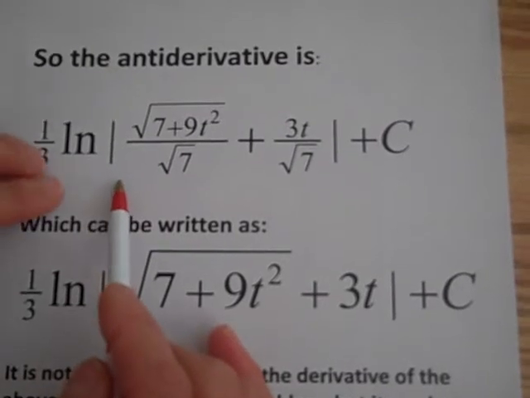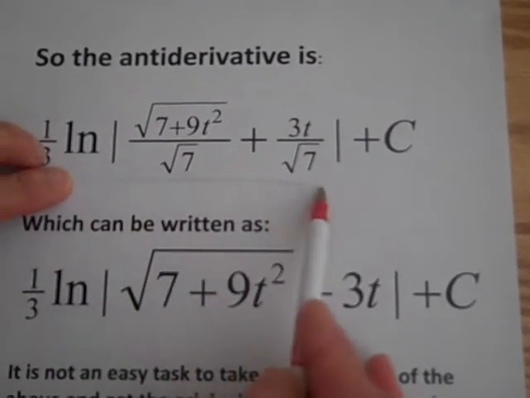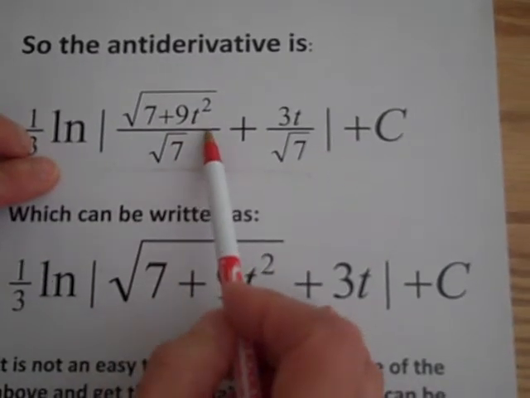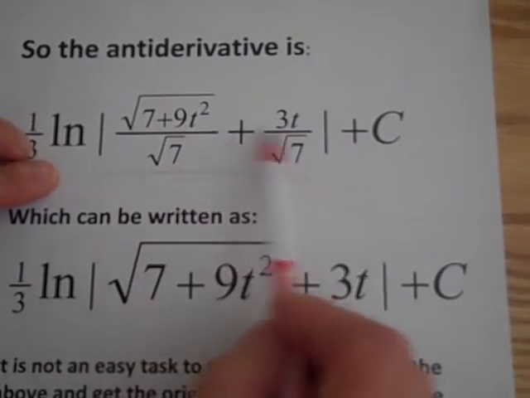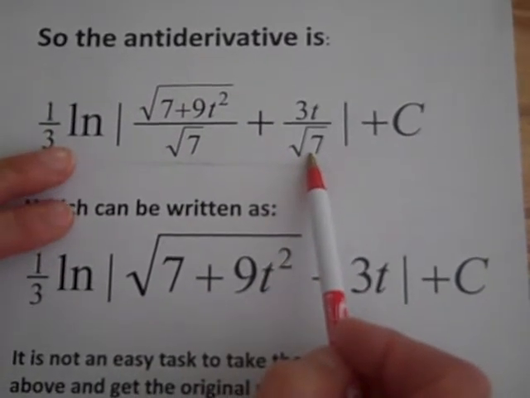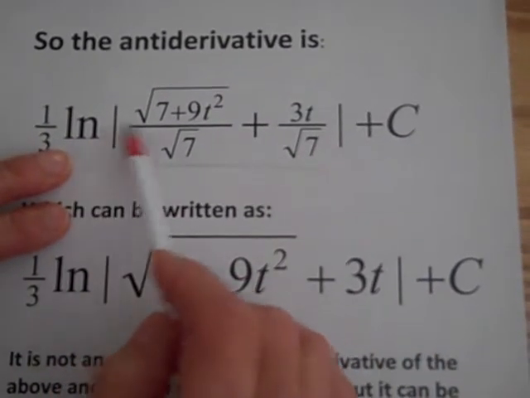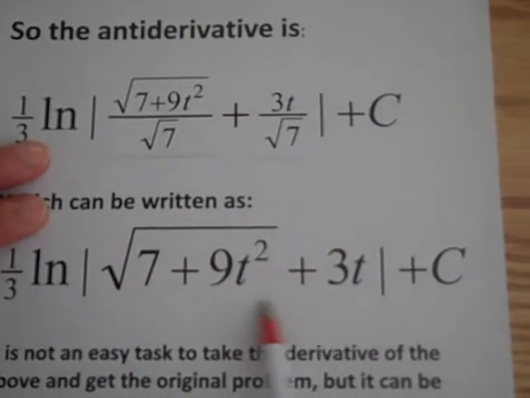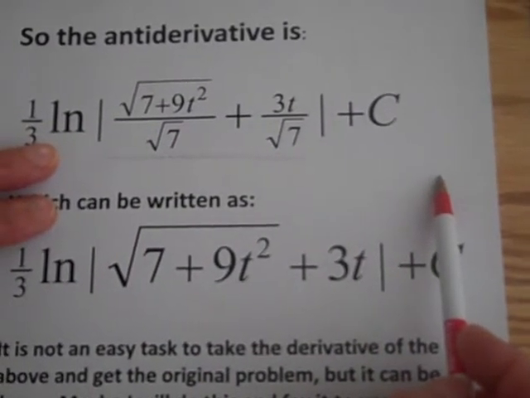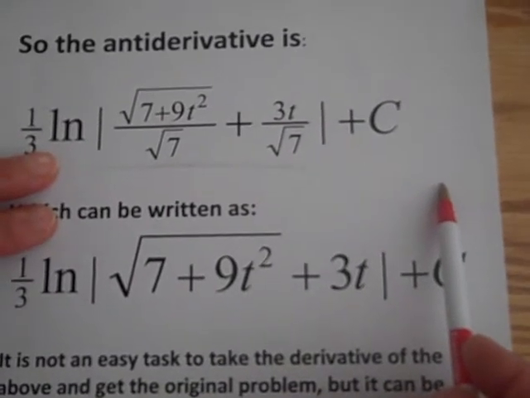Well, I can add these two in here since they have the same denominator, and that is the square root of 7 plus 9t squared plus 3t all over the square root of 7. Then I can use a property of the ln and say that that would be the ln of the numerator, and that's how I have it down here, minus the ln of the denominator, and that would be minus the ln of the square root of 7.